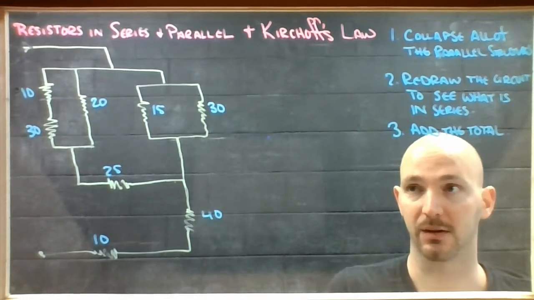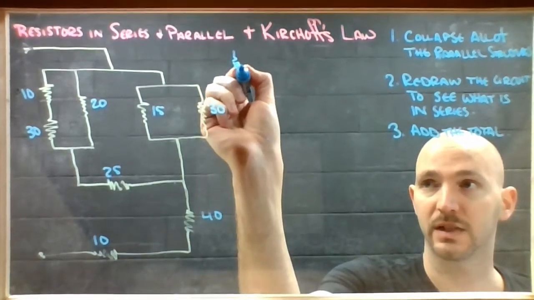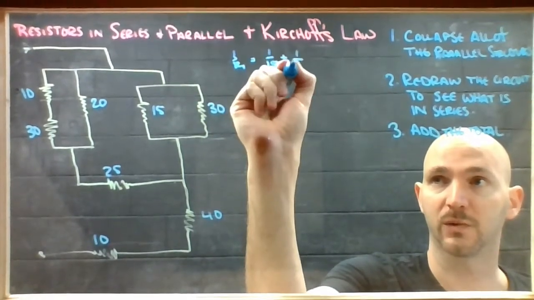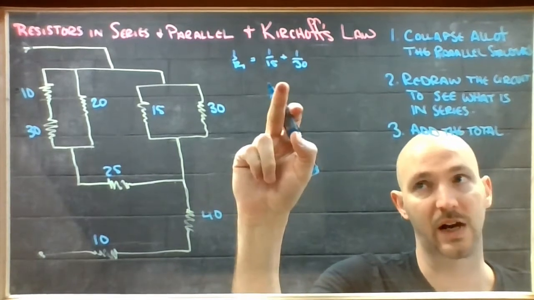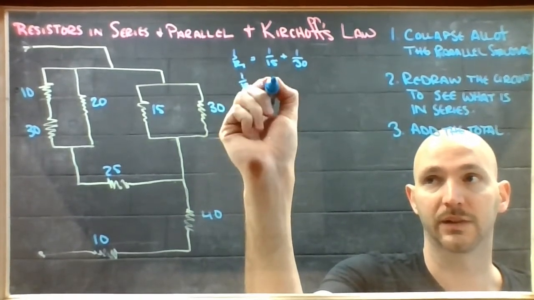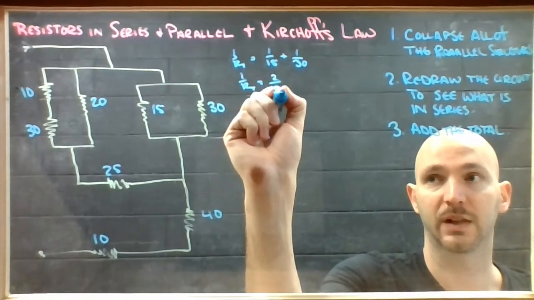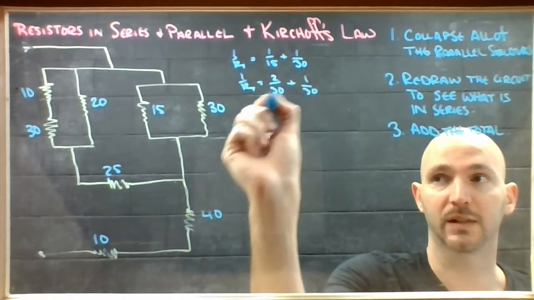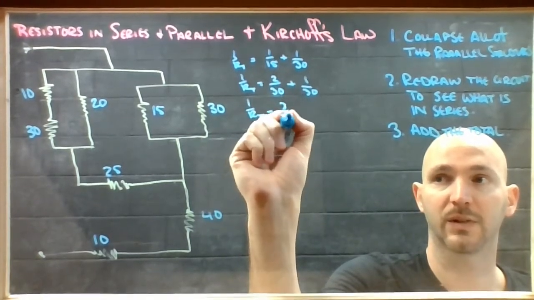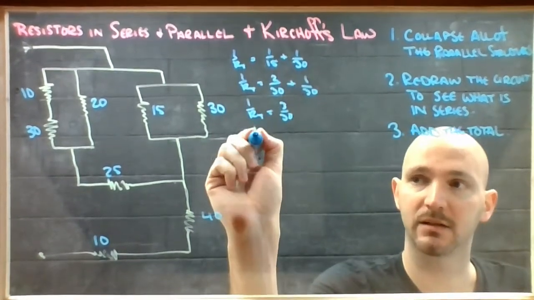So I'm going to get rid of that one. Let's see, 1 over RT is 1 over 15 plus 1 over 30. Now that's an easy one for fractions. I just have to double this. So that's 2 30ths plus 1 over 30th. That's 3 over 30. Flip both sides.